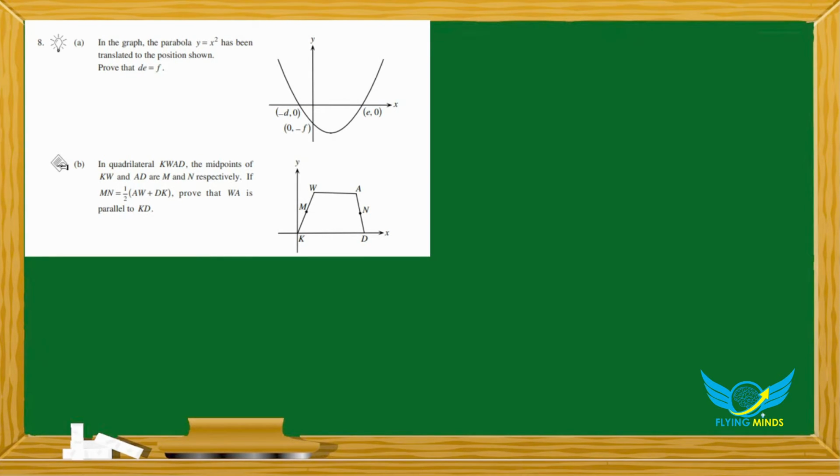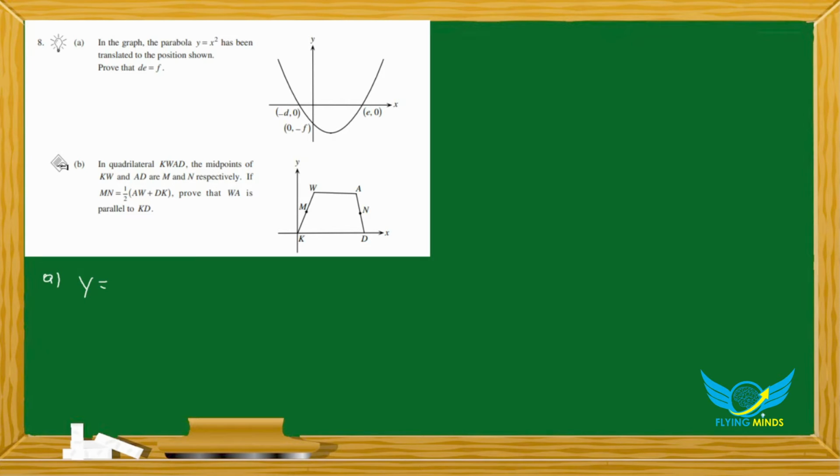Okay, let's do it. In the graph, the parabola y equals x squared has been translated to the position shown on the graph. Prove that d times e equals f. It shouldn't be a hard question. So what we do here, we write the equation of a parabola in the form of two factors.